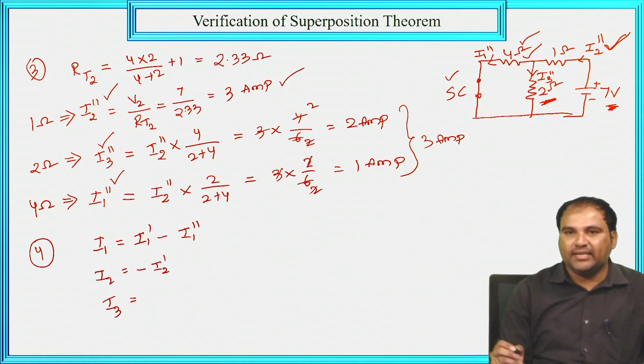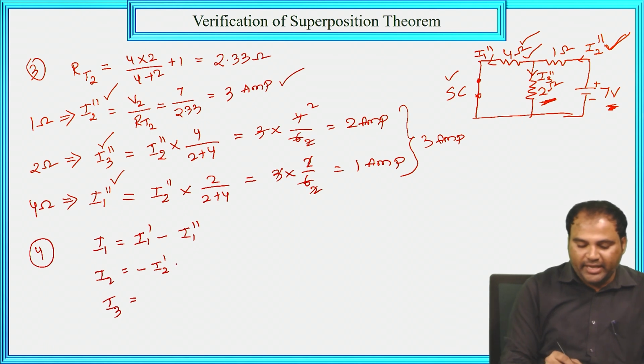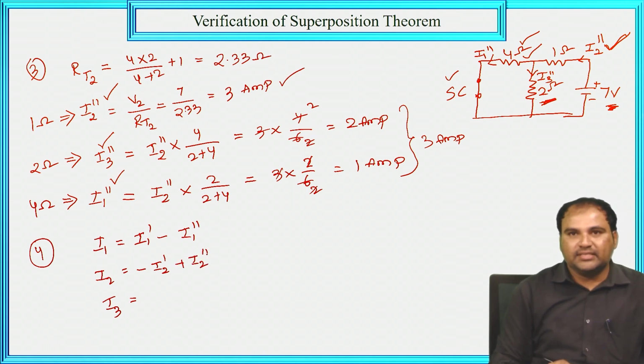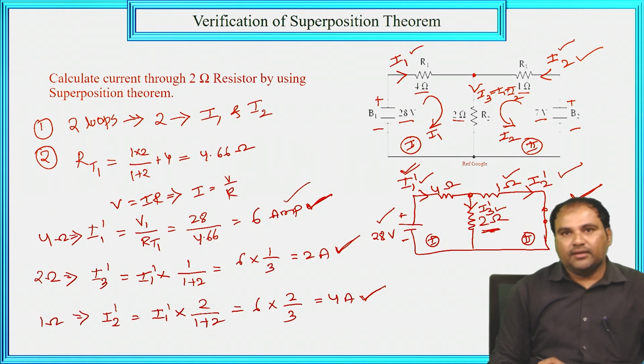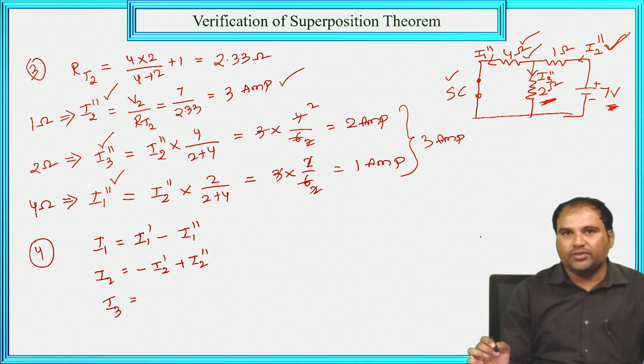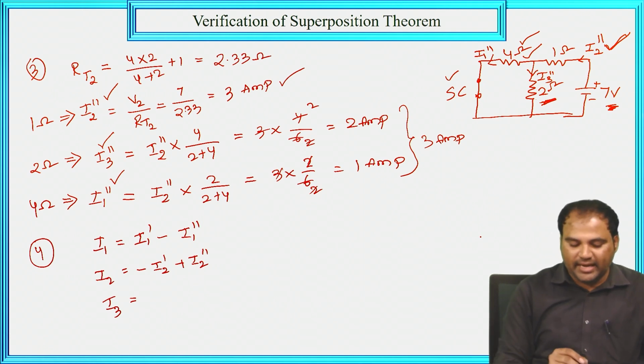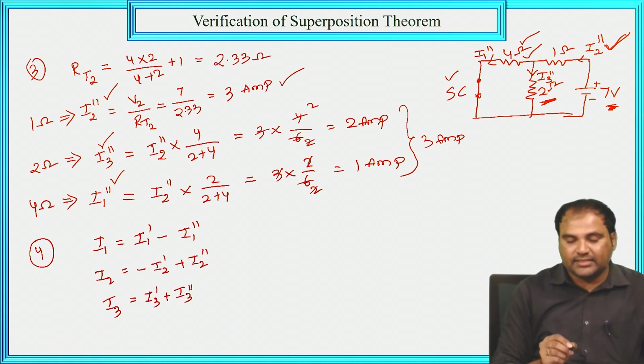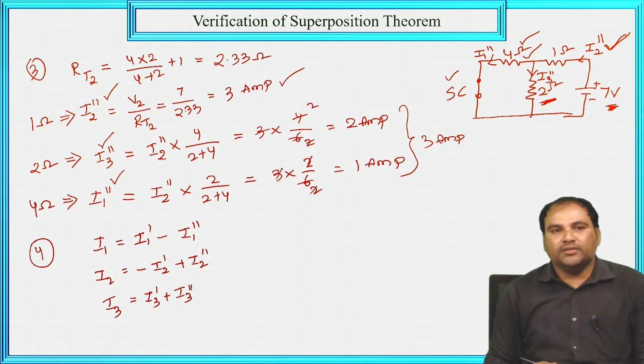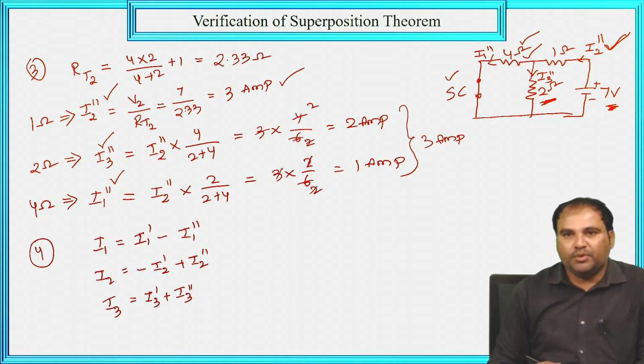So both are in the same direction, means plus I2 double dash. Similarly, current through 2 ohm I3, I3 dash, and I3 double dash, these three are in the same way. So I3 is equal to I3 dash plus I3 double dash. This is according to the superposition theorem.